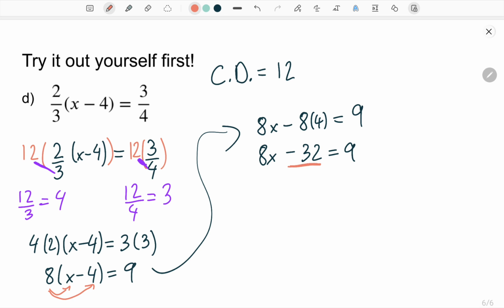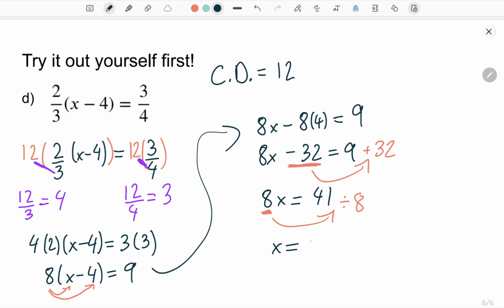And we now want to move things around. So we want to get x by itself, so let's move the 32 over. Right now it's subtract 32, so let's turn it into plus 32. 9 plus 32 is going to give you 41. And then the 8, the 8's multiplying, so as we move it over, divide by 8.